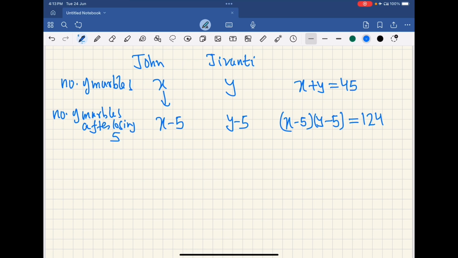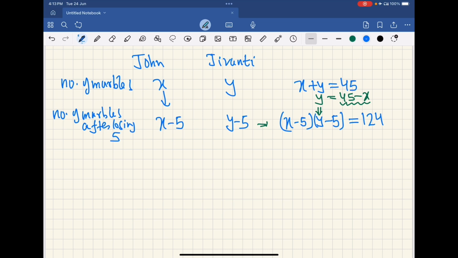Now from here we have to make the quadratic equation and solve it. So students, what we will do is express either x or y in terms of the other so that we get the equation in one variable. So in the first one, can I say y equals 45 minus x? Yes, I can say that. Now, in the second equation, instead of y we will write 45 minus x.